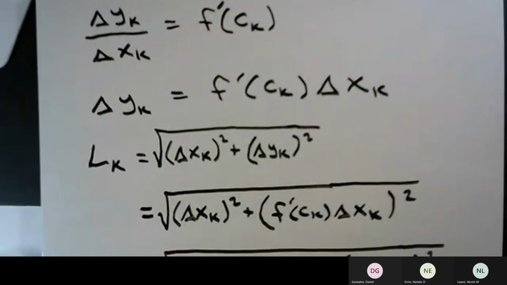So this gives you the surface area for a surface generated by revolution. Questions about that? Now there's another version of this too.